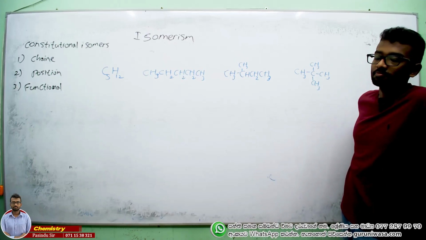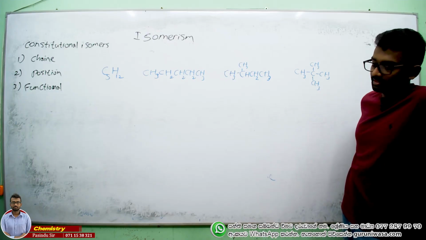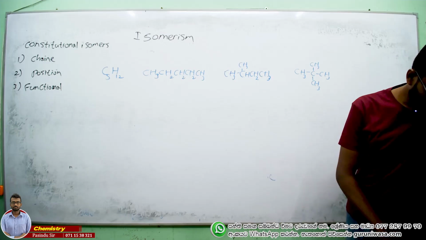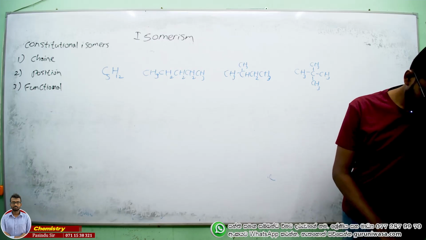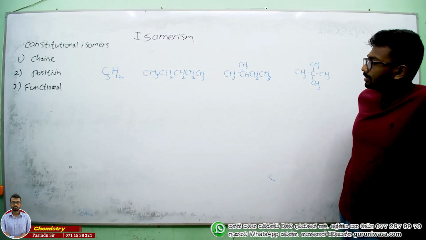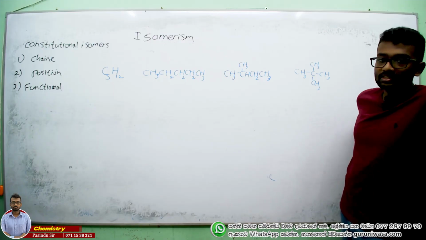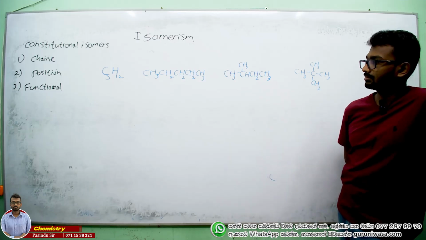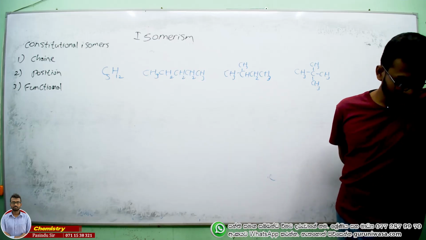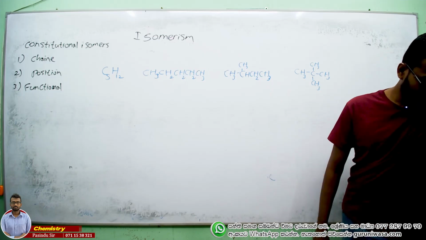It's a change of the main carbon chain. So only the carbon chain is changed, the carbon stem. Just write down under chain isomers.